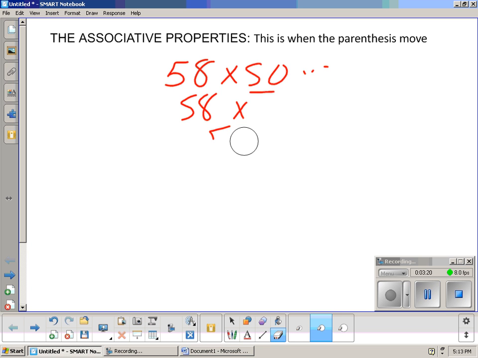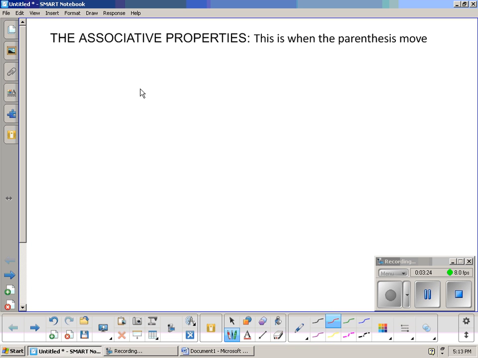Now, the last one is, most of you have seen those long receipts or something like that, when you have like 58 plus 43 plus 17 plus 50, right? Now, the old-fashioned way, the way you were taught, is to do 58 plus 43 first. But if you use the associative property, and I know these problems don't have parentheses, but this is how problems are.